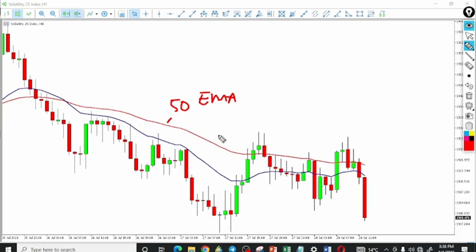So let's say you are selecting close, that's the default, right? So it calculates the closing prices of the past 50 candles and then it adds the past 50 candles and then divide them by 50, just like an average of anything. So you know how to calculate averages.